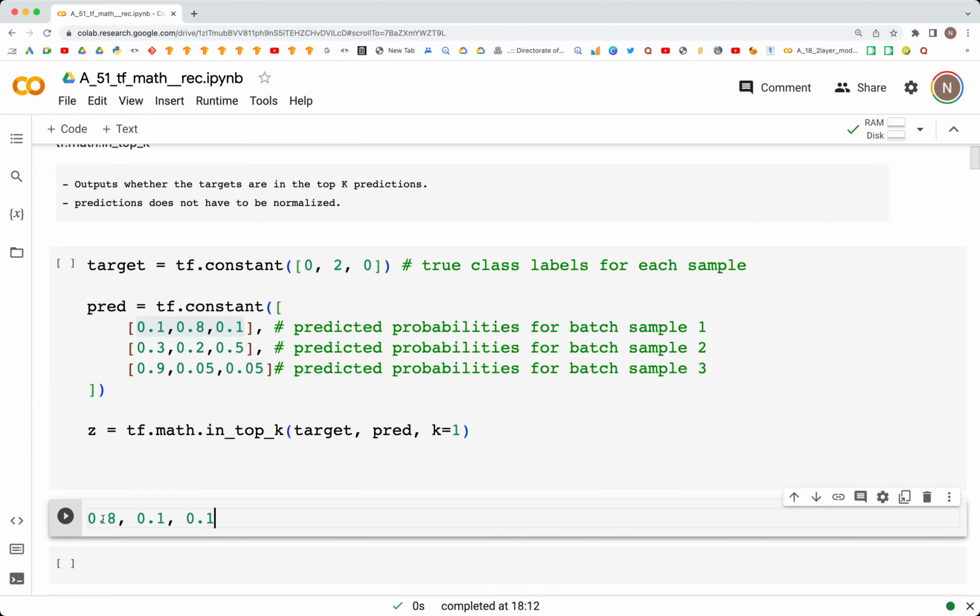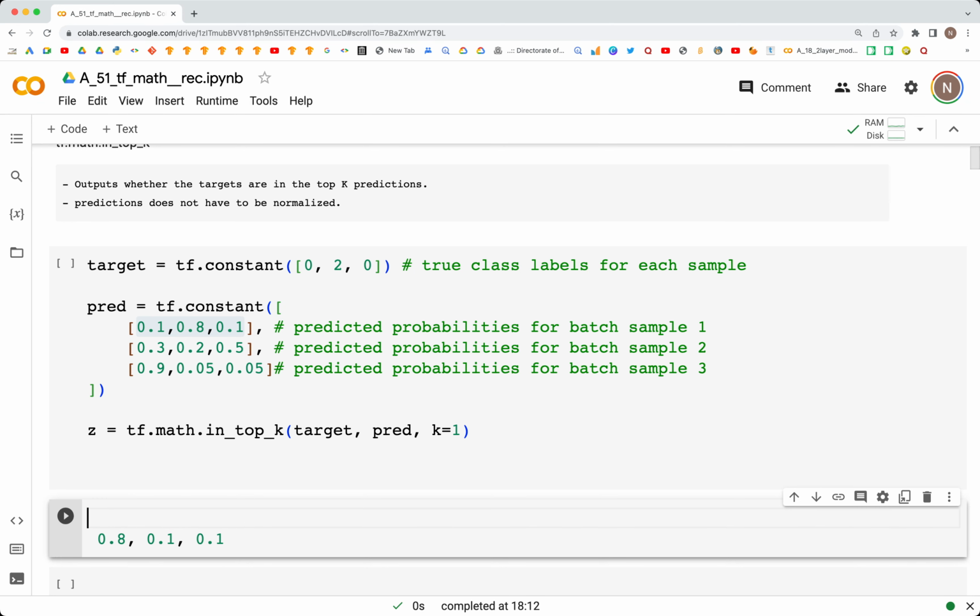So the top one in this case is going to be 0.8, and before we look at what that is, what we do know is that this 0.1 is coming from the second column, so it belongs to class 1. This is class 0, this is class 1, and this is class 2.